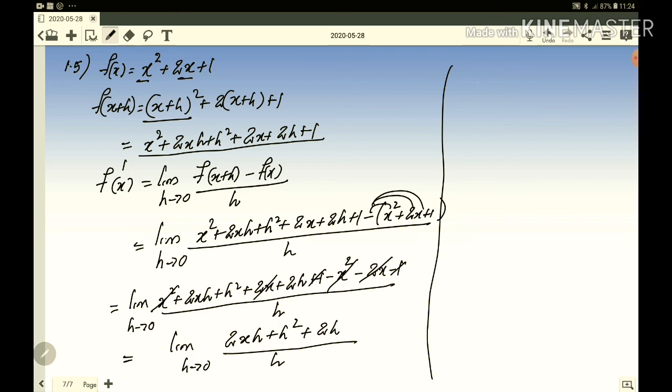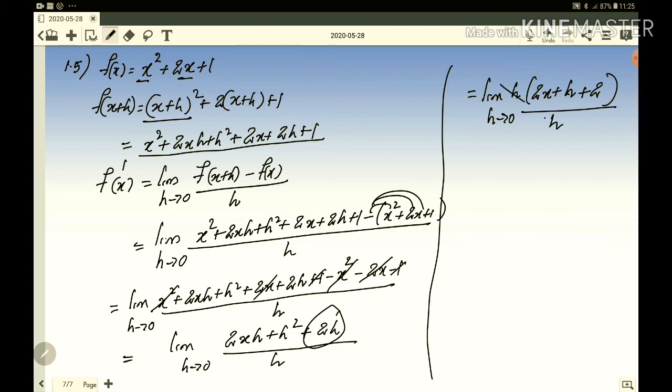So limit h tends to 0, taking h outside from the numerator, that is 2x plus h, since h² leaves one h there, plus here 2h, one h goes, it's going to be 2, divided by h.